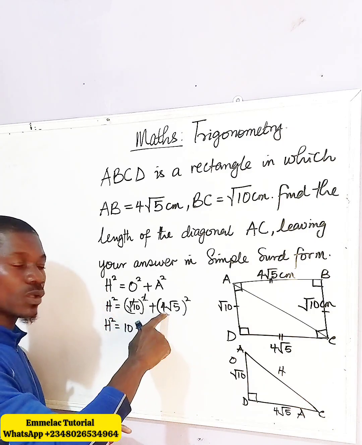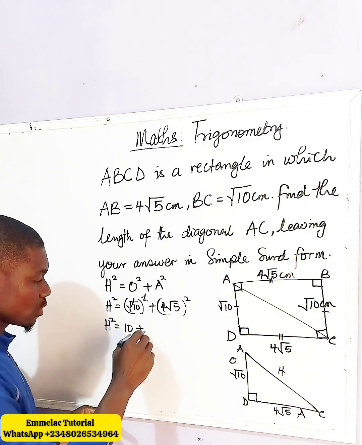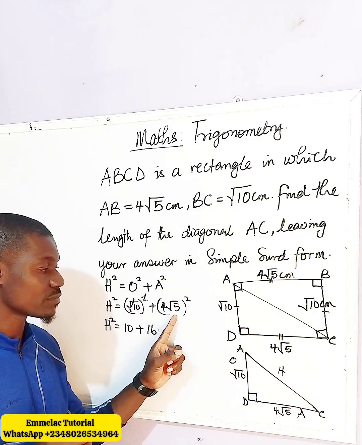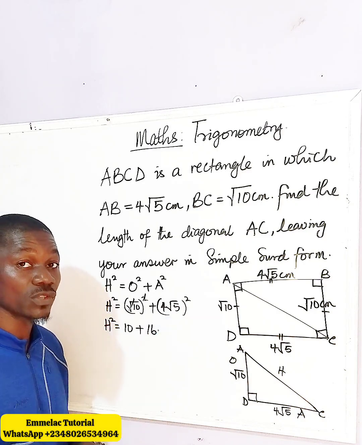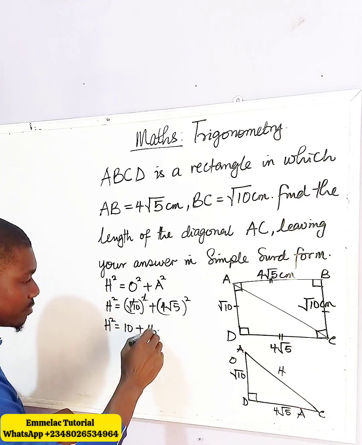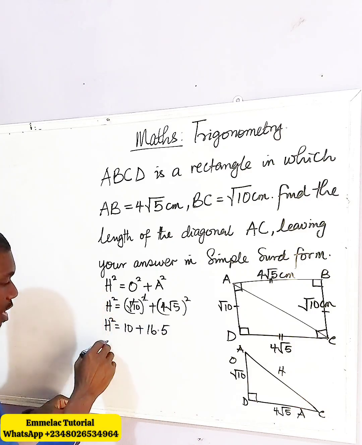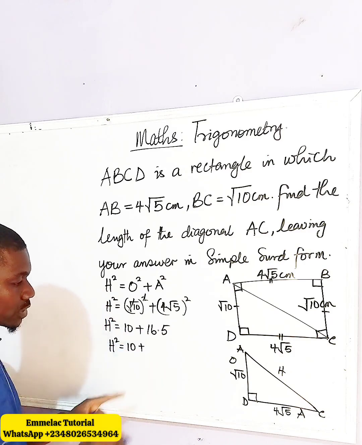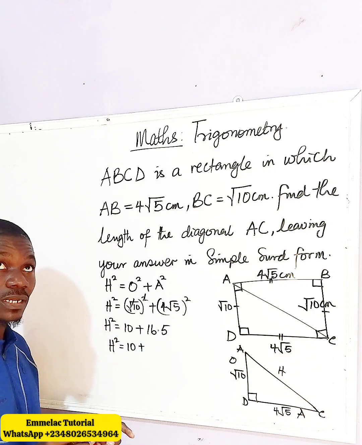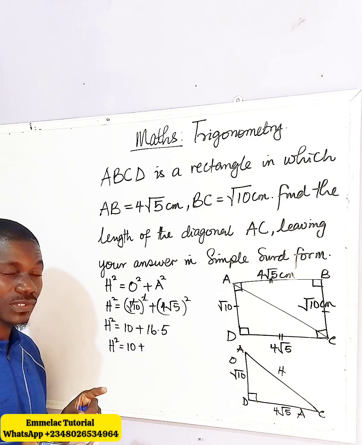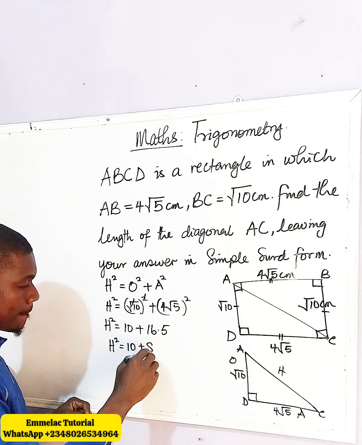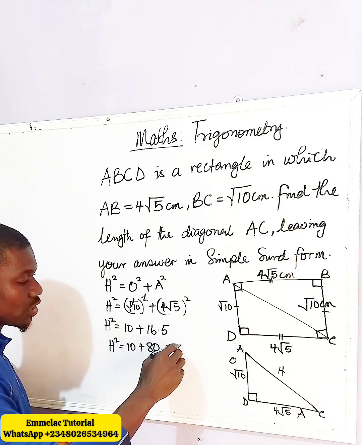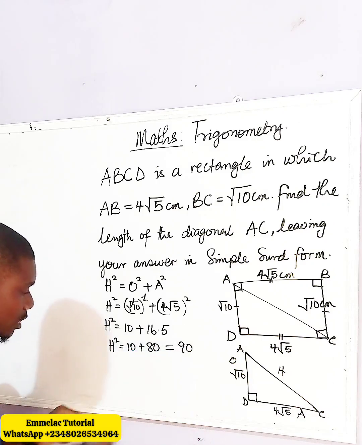So 4 raised to the power of 2 will give us 16, then times root 5 raised to the power of 2, which is 5. So here we have 10 plus 16 times 5, that should give us 80. So 10 plus 80, that will give us 90.